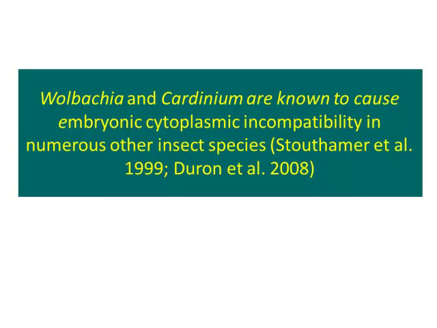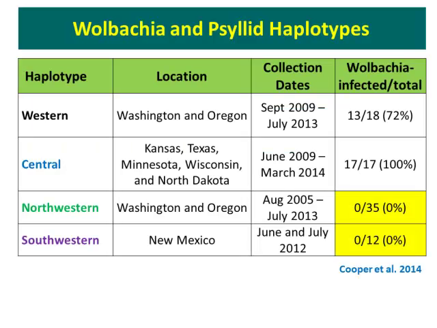So with this idea, we went back into the collections for all four haplotypes from different locations: Washington, Oregon, Kansas, and New Mexico, during different years, from 2005 to 2014.